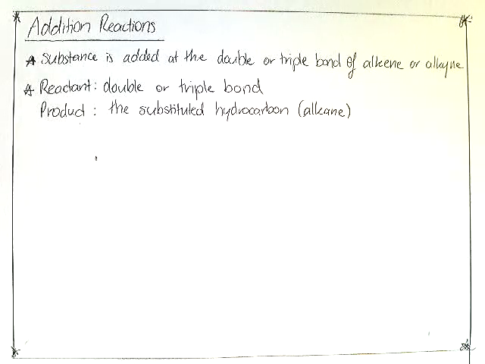Okay, so there are two types. The process is exactly the same, but it can either be addition with hydrogen or addition with a halogen. So with hydrogen, it's simply just H2, or with a halogen, it can be Cl2, Br2, F2, we'll use Cl2.